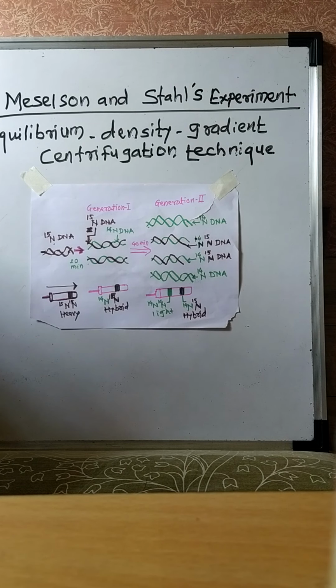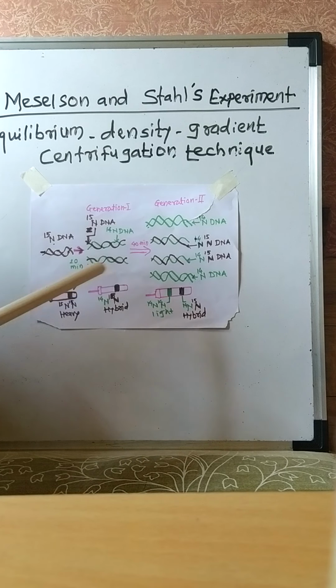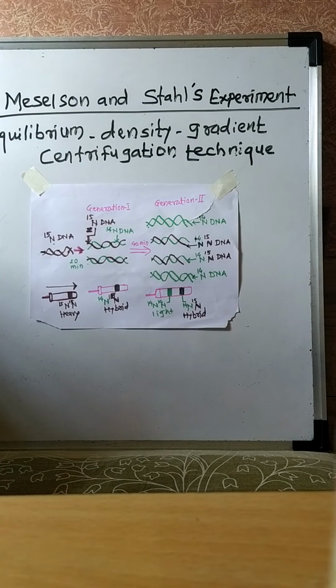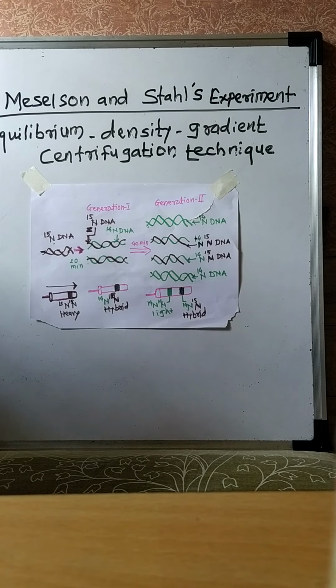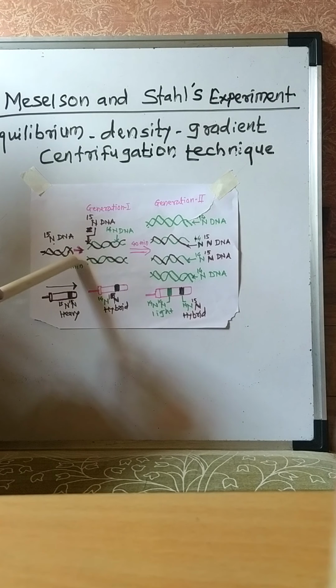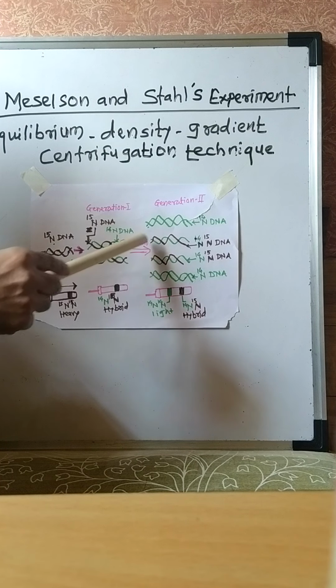After the first generation, the density gradient band containing both N14 and N15 nitrogen was obtained, and its position was recorded. The first generation is obtained within 20 minutes, and the second generation after 40 minutes.